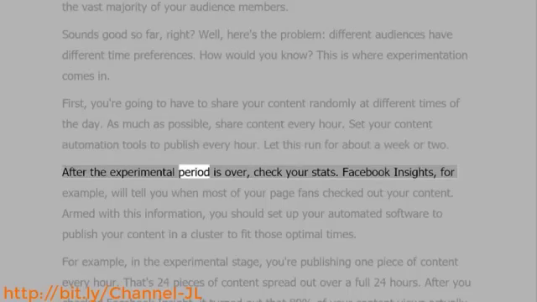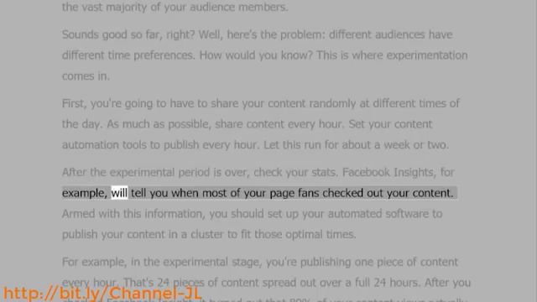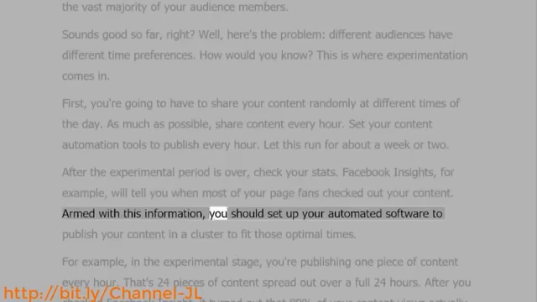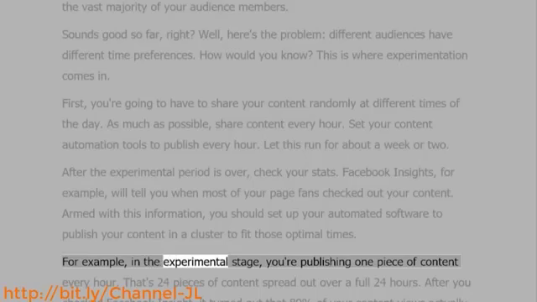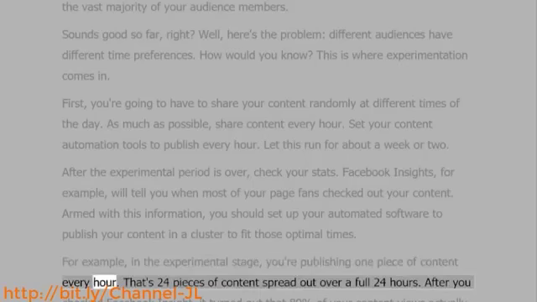After the experimental period is over, check your stats. Facebook Insights, for example, will tell you when most of your page fans checked out your content. Armed with this information, you should set up your automated software to publish your content in a cluster to fit those optimal times. For example, in the experimental stage, you're publishing one piece of content every hour.